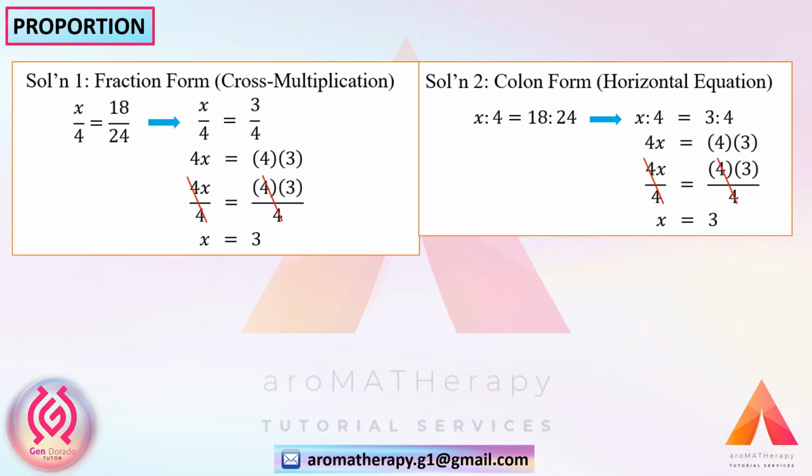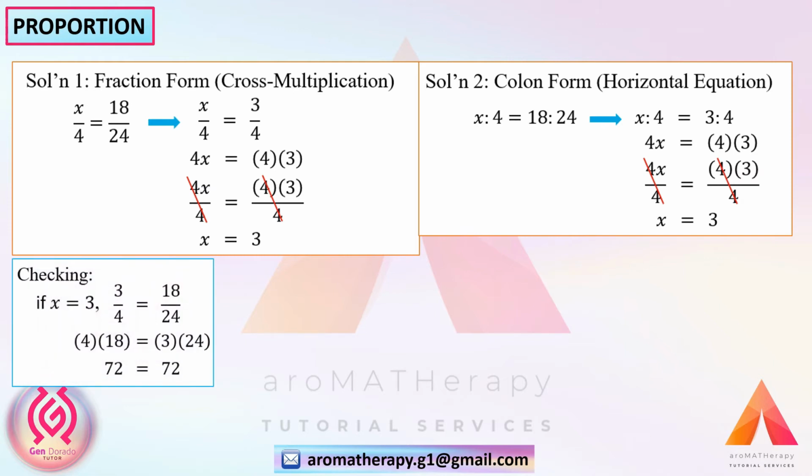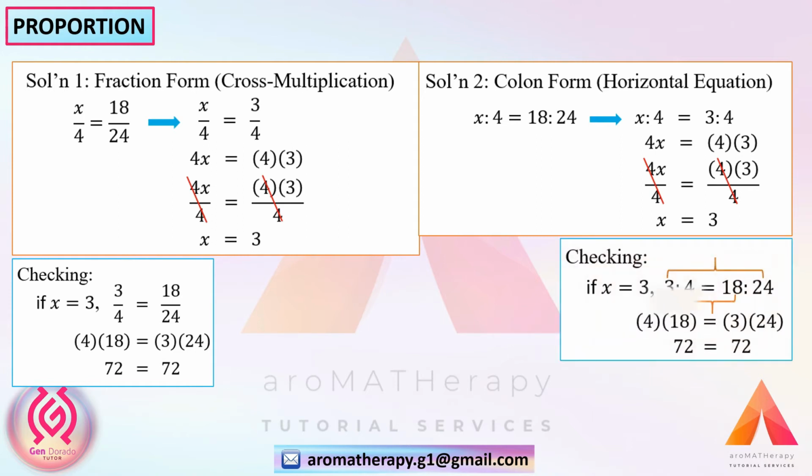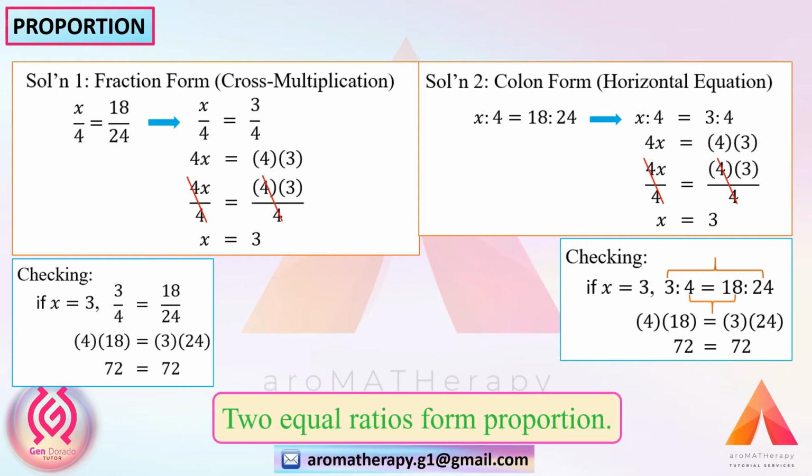Examine these two methods. In solution 1, you may notice that their cross products are equal. In solution 2, you'll also observe that the products of their means and their extremes are equal. So this means that two equal ratios form a proportion.